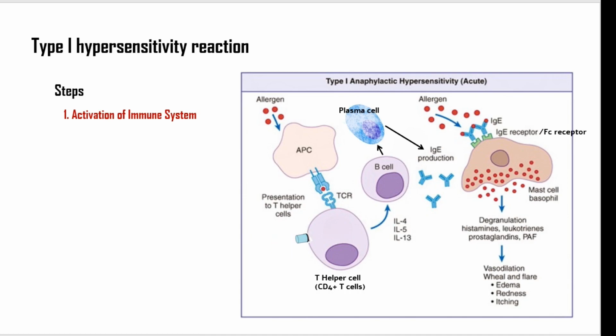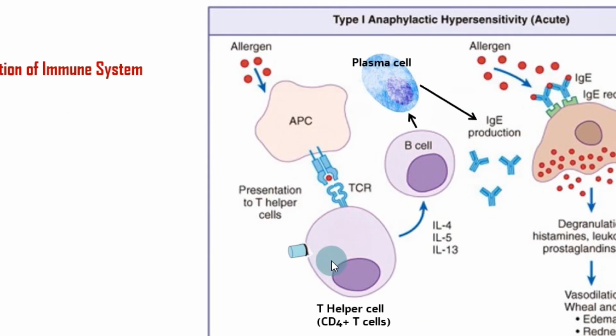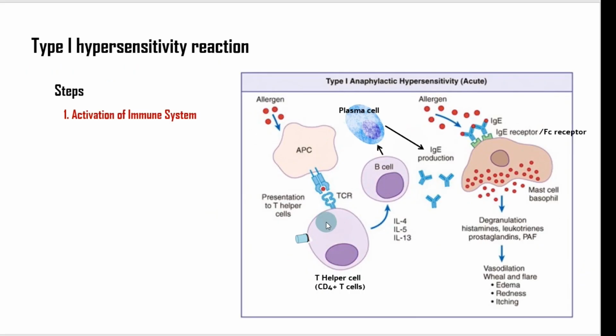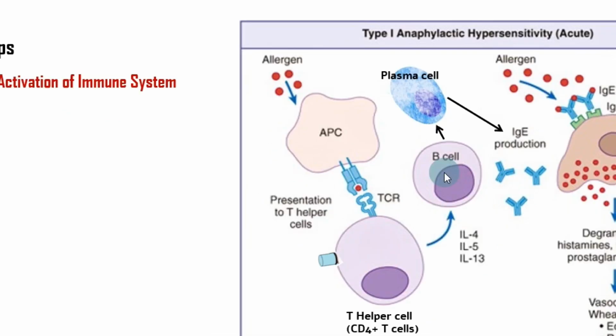Okay, now let's get back to the events in the type 1 hypersensitivity reaction. So what happens next? This response, or recognizing the antigen as potentially harmful, triggers the activation of certain immune cells, particularly B cells, which are a type of white blood cells responsible for producing antibodies.